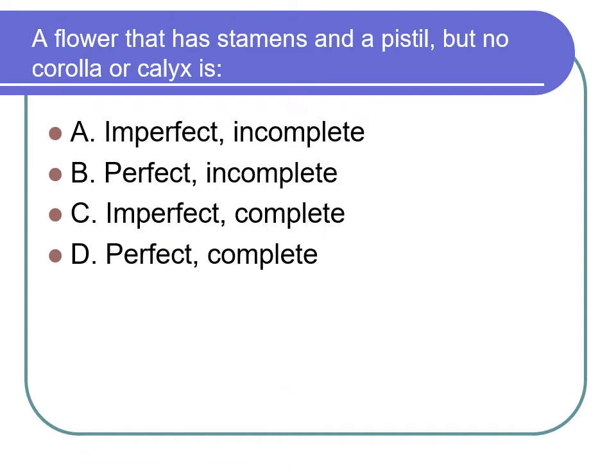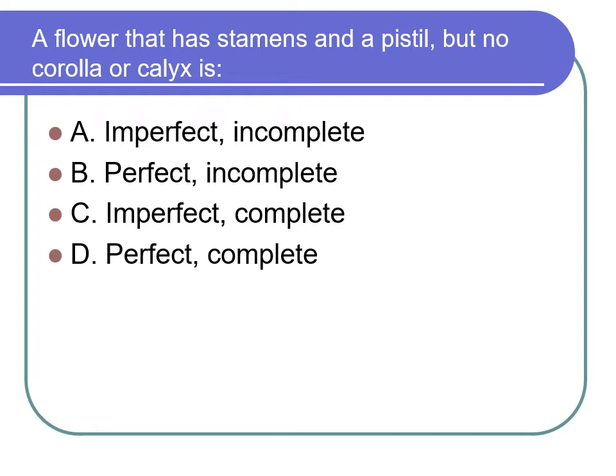Now, going through these questions might help sort some of the confusion you might have right now. So, a flower that has stamens and a pistil, but no corolla or calyx. Let's just dissect the question. Is it complete? Complete means it has everything present. Well, no, it's missing the corolla and the calyx, so we know it's incomplete.